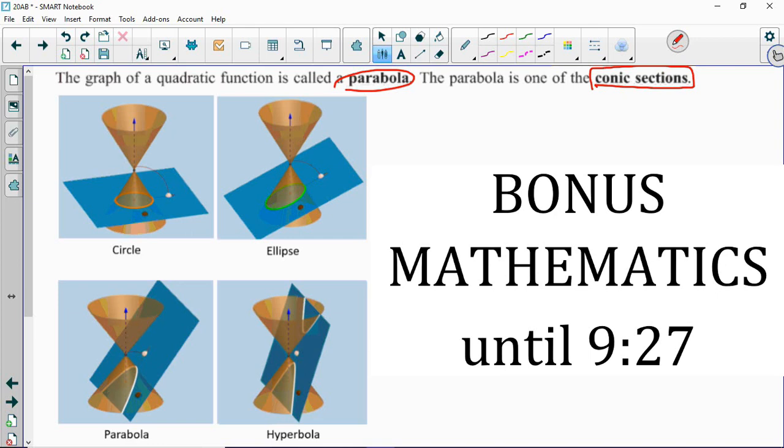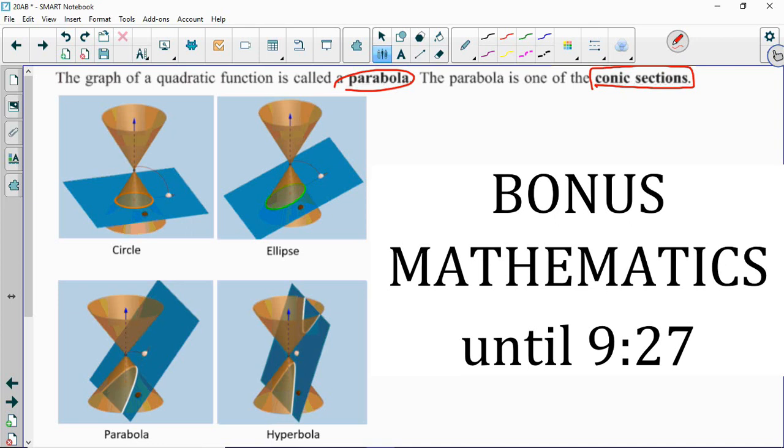So just to briefly explain, maybe you can see it in the picture already here. A conic section is what we get when we take a cone, or actually 2 cones, and put them kind of tip to tip, and then we take a plane and we slice through one or both of those cones.